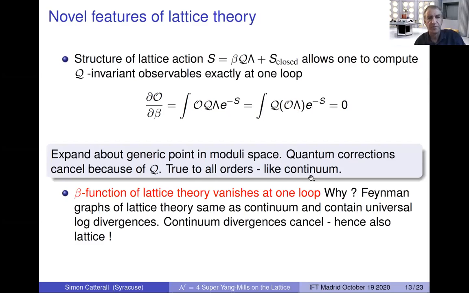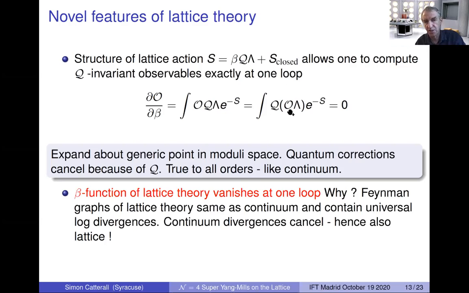Running out of time. Okay, so the structure of the lattice action is such that this Q-exact and Q-closed piece allows some observables to be computed exactly at one loop, just like in the continuum. So you can show that, for example, if you have an operator which is invariant under Q, then the derivative of its expectation value with respect to beta, this coupling here, just brings down a factor of Q lambda.